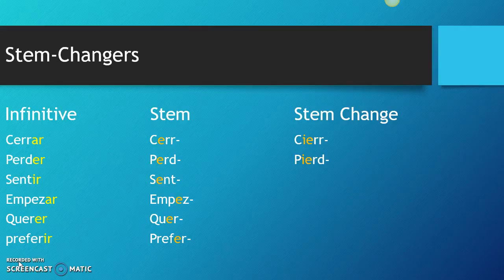Our verb stem sent will change to sient. Our verb stem empez will change to empiez. Our verb stem quer will change to quier. And our verb stem prefer will change to prefier.